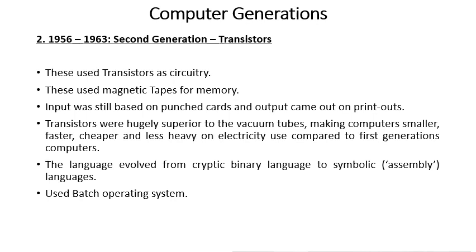They are cheaper compared to first generation, they are faster compared to first generation, they consume less electricity compared to first generation, and they generate less heat compared to first generation, because number of vacuum tubes required were more in first generation, and now we require less number of transistors, and the size of transistor is also very small compared to vacuum tubes, and because of that these are better than first generation of computers.